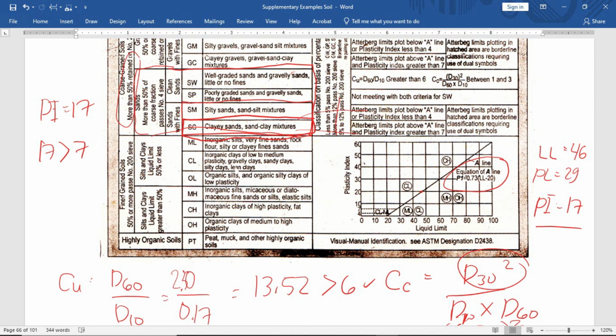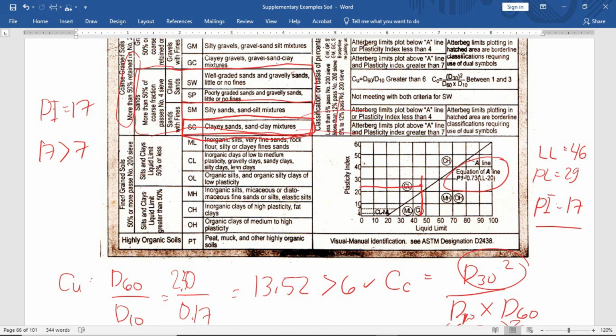Pag-plot natin, 47 dito yung 47, tapos taas lang natin. Tapos 23, dito yung 23, PI eh.